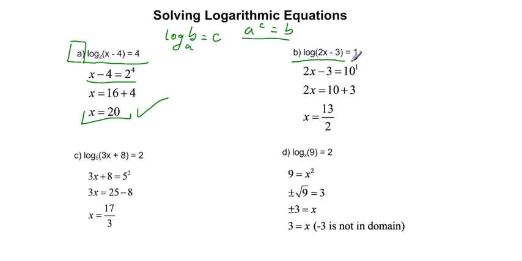Part B, log to base 10. Recall that when I have a log and nothing for the base is there, that simply means that this missing base is always 10. So this is why when you resolve it, you go 10 to exponent 1 is equal to 2x minus 3.